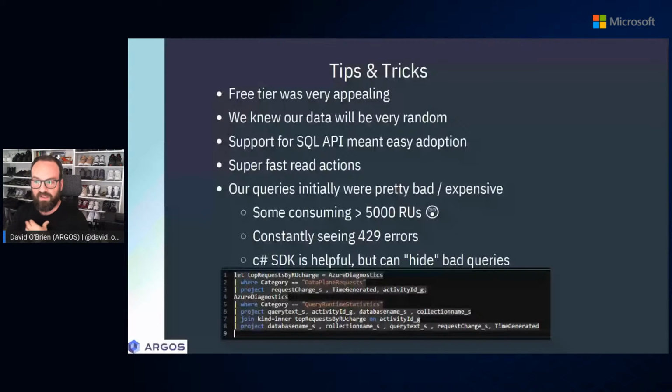We knew that our data would be very random. That's why we used Cosmos DB. We didn't want to spend so much time figuring out what our database schema was going to be to build a SQL database, knowing that the data schema is probably going to change in a month, in 2 months, and we would have to do the whole exercise again and again. So having a non-relational database like Cosmos DB was really helpful.